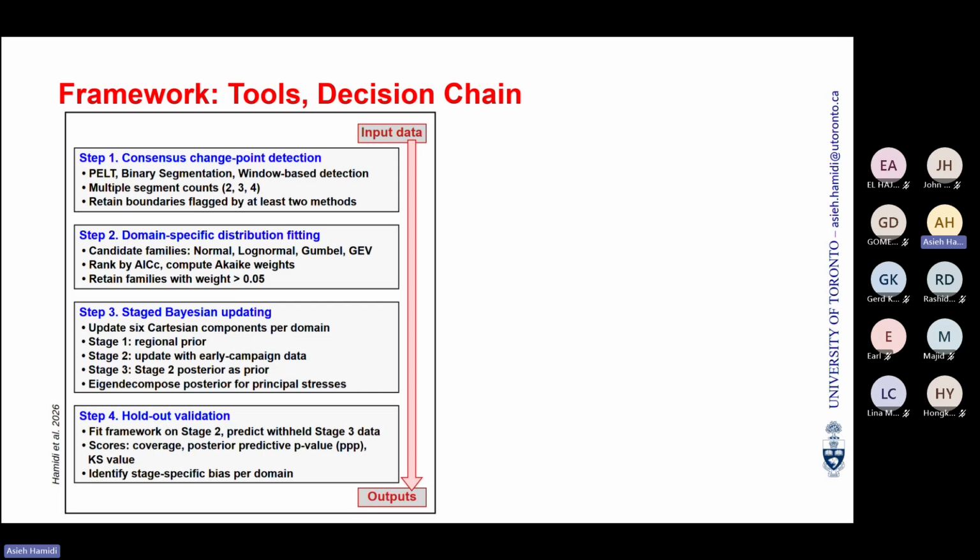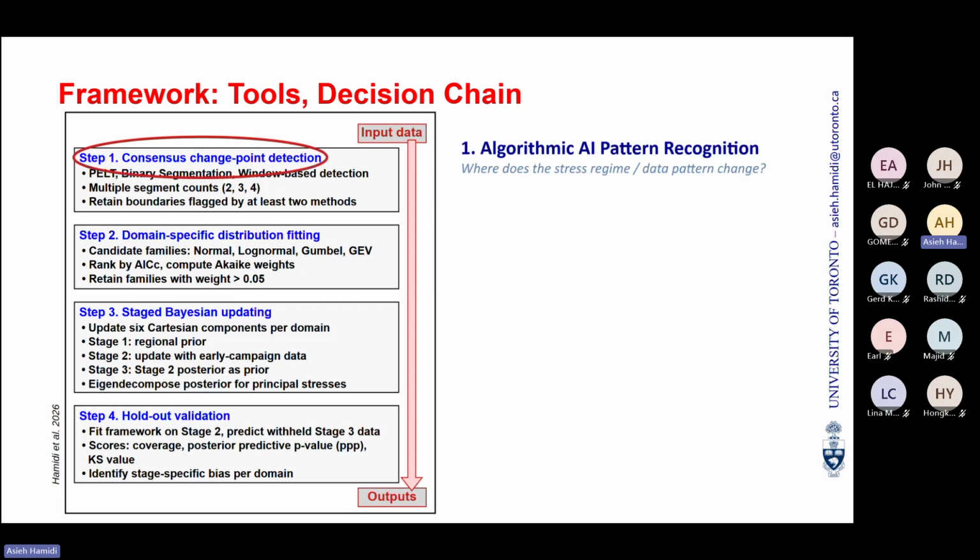It has different steps, and it starts with breaking the depth, using transition zones, into different zones where data are homogeneous. We use algorithmic AI pattern recognition, or a kind of digital segmentation, to process the depth and break it down into different zones.